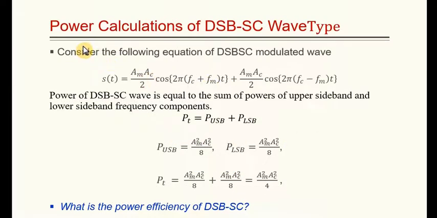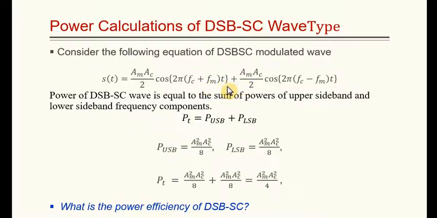Now let's see the power calculations. Also, s(t) is equal to Am Ac over 2 cosine 2 pi (fc plus fm) t, plus Am Ac over 2 cosine 2 pi (fc minus fm) t. As we have seen, in the AM signal we have a third component, which is the pure carrier component.